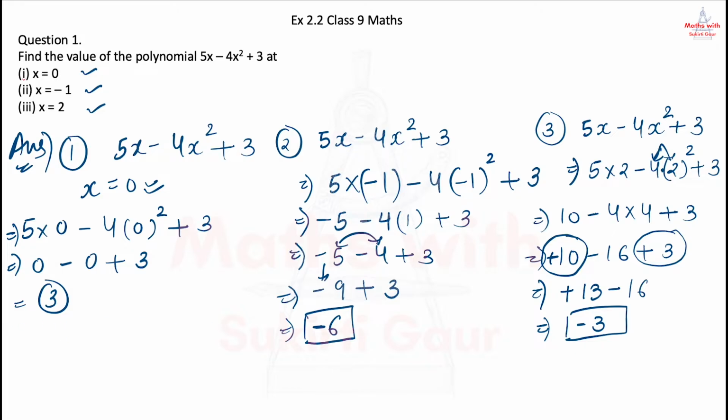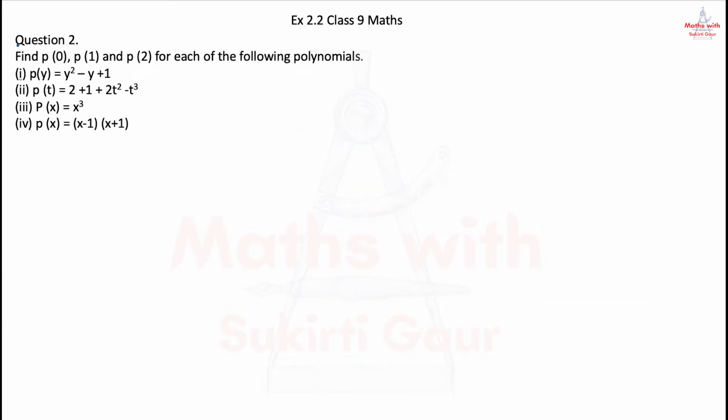Now coming on to question number 2. Let's read. Find P(0). It means find the value of the polynomial, because I have already explained in the first video of polynomial that we denote polynomial as P(x).